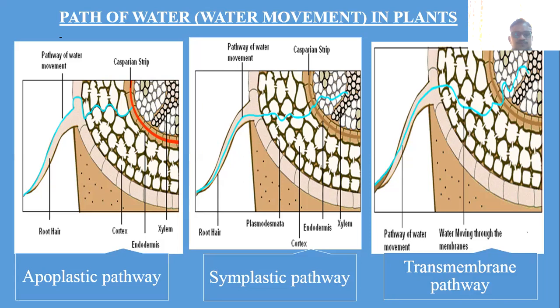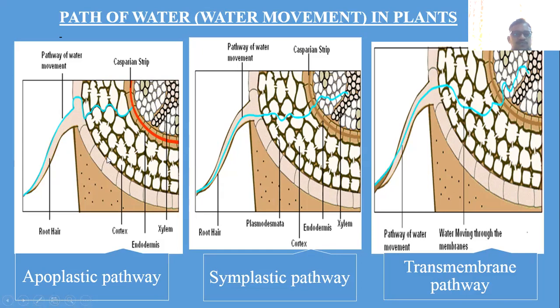Now, first of all, the apoplastic pathway. In the apoplastic pathway, water never crosses the cell membrane or the membrane of any cell. Here this highlighted area indicates the movement of water in 3 diagrams. The first diagram is for the apoplastic pathway, the second one is the symplastic pathway, and the third one is the transmembrane pathway.